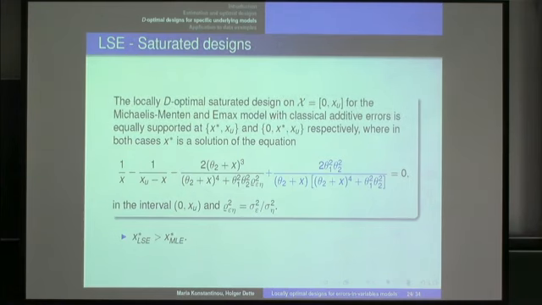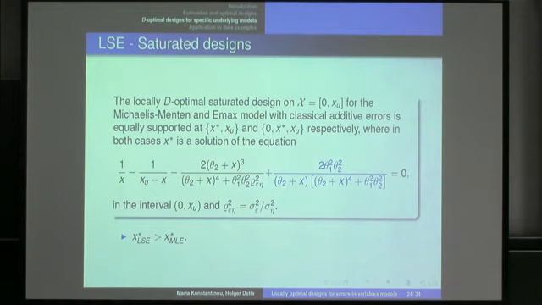Now, in the case of least squares estimation, of course, we don't know the exact number of support points, but we consider the construction of saturated designs in order to compare the two estimation methods. So for the Michaelis-Menten and Emax model, we have the same properties as for the maximum likelihood estimation case, and the common point x star, which is the same for both models, is found by solving the same equation as before, plus an extra term.